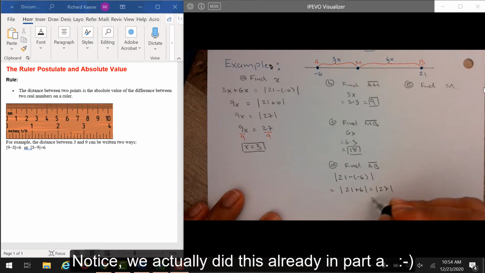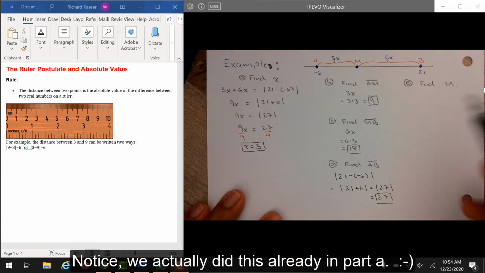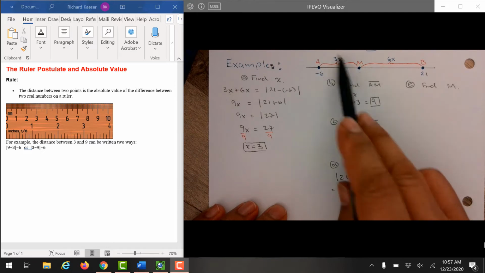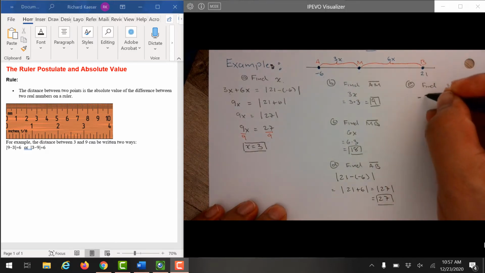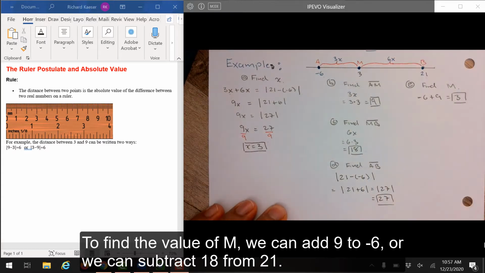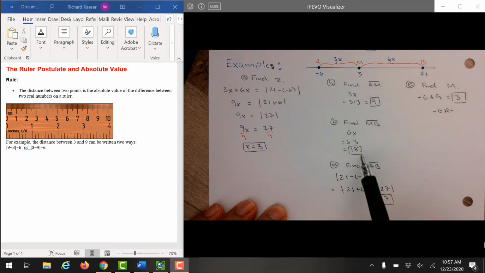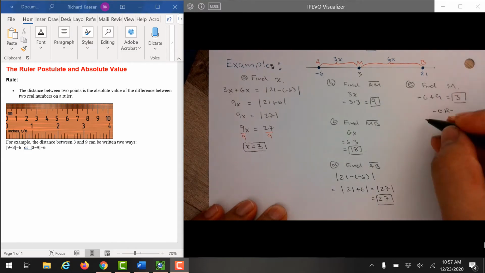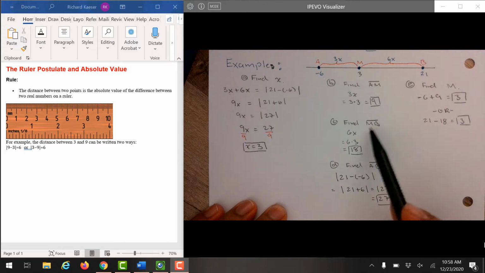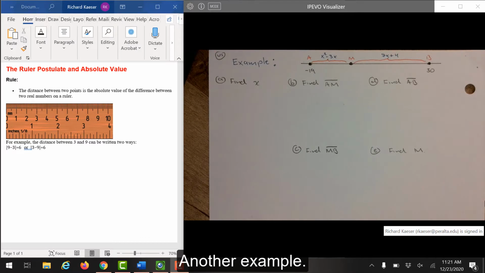Notice we actually did this already in part A. To find the value of m, we can add 9 to negative 6, or we can subtract 18 from 21. Another example.